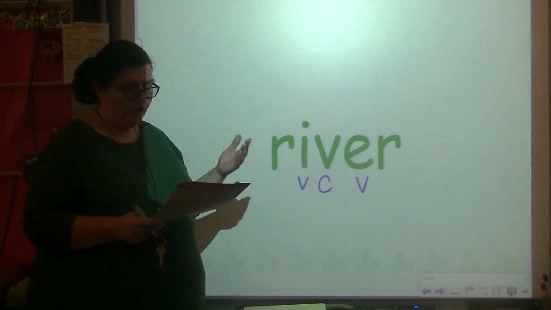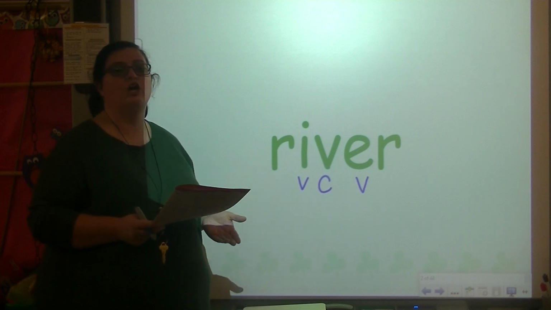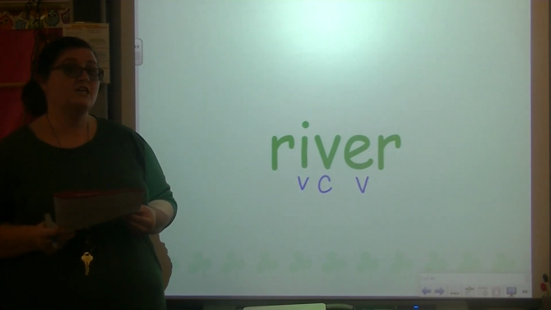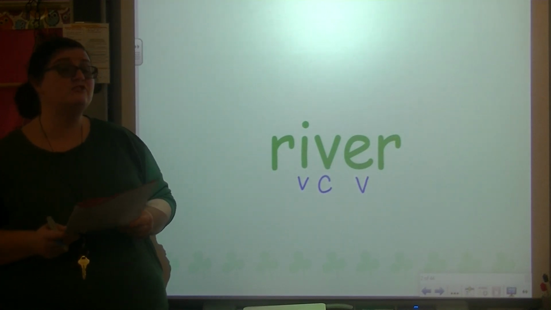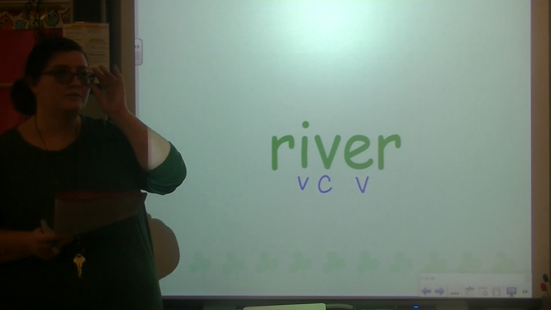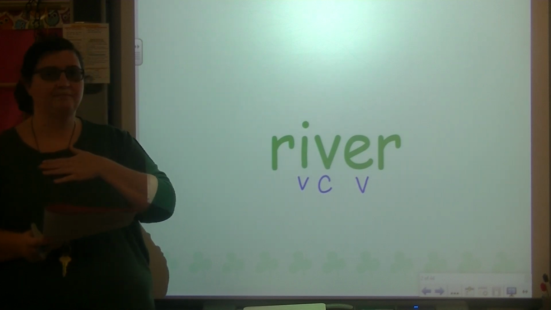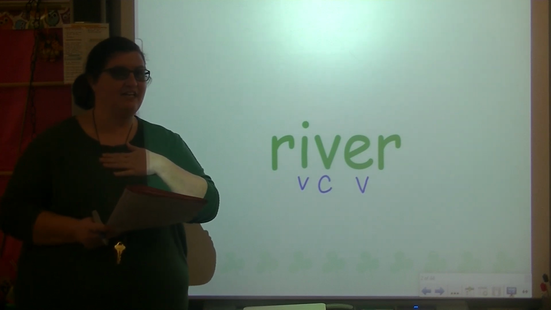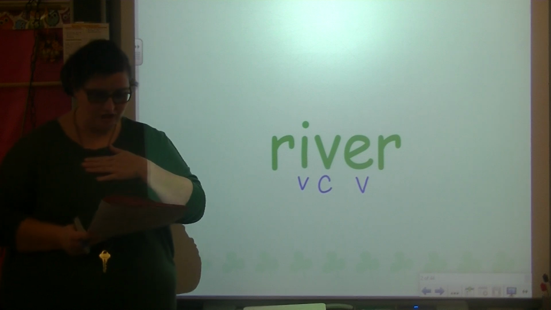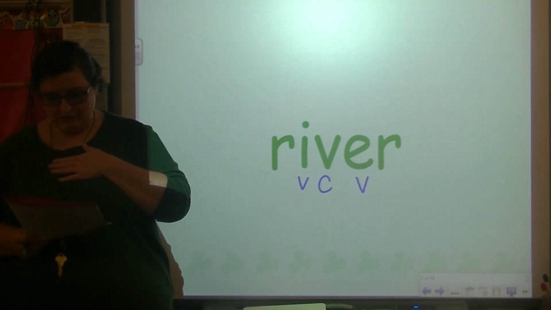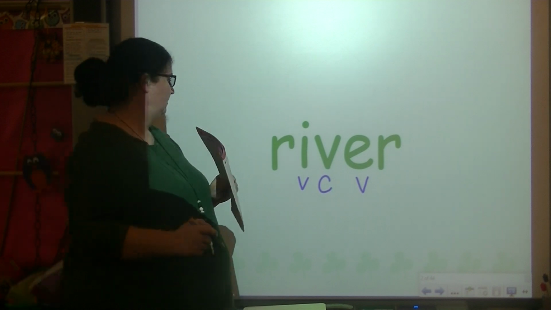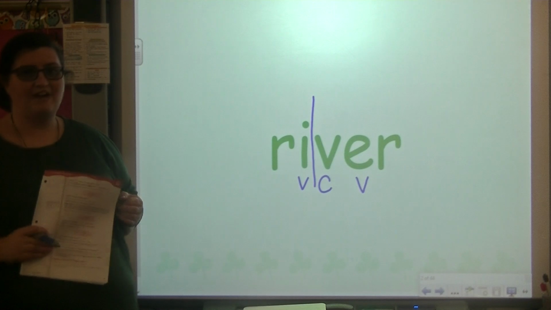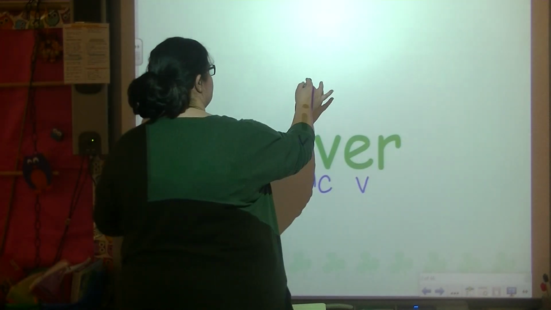Who can tell me what we learned about a VCV word? Where's the best place to divide? Sorry, Miss Ferris is having trouble getting it out today. We learned the best place to divide, if it's VCV, is after the first vowel. So let's try that. If I divide after the first vowel, my accent is on the first syllable.